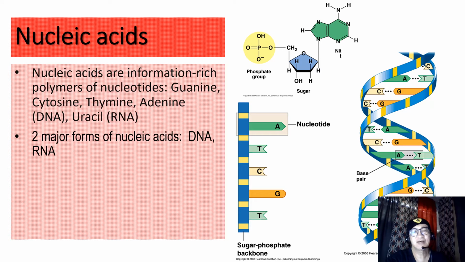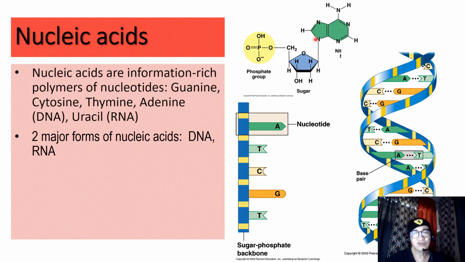Nucleic acids are polynucleotides. That is, they are long chains of nucleotides that serve as building blocks. A nucleotide is composed of a nitrogenous base, a pentose sugar, and a phosphate group. In nucleic acids, the pentose sugar of one nucleotide is bound to the phosphate group of another nucleotide, forming the sugar phosphate backbone.